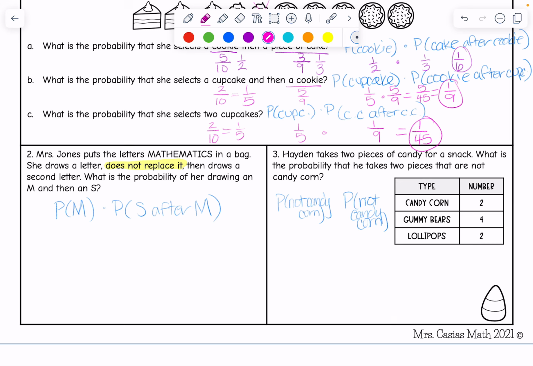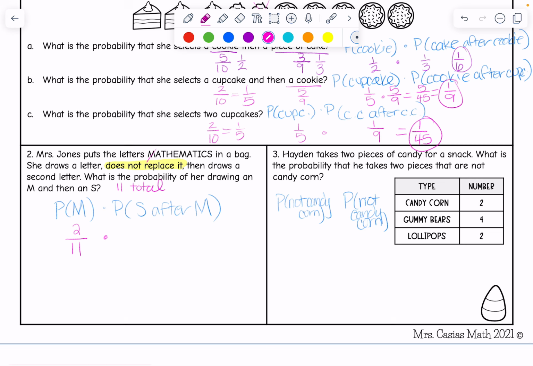First, to figure out the probability of pulling out an M, I see 2 M's. So I know she has 2 opportunities to pull an M out of all the total letters here, and there are 11 total. So she has a 2/11 chance there. And then we're going to imagine that she pulled an M. Now we're thinking about what would be her chances of getting an S?